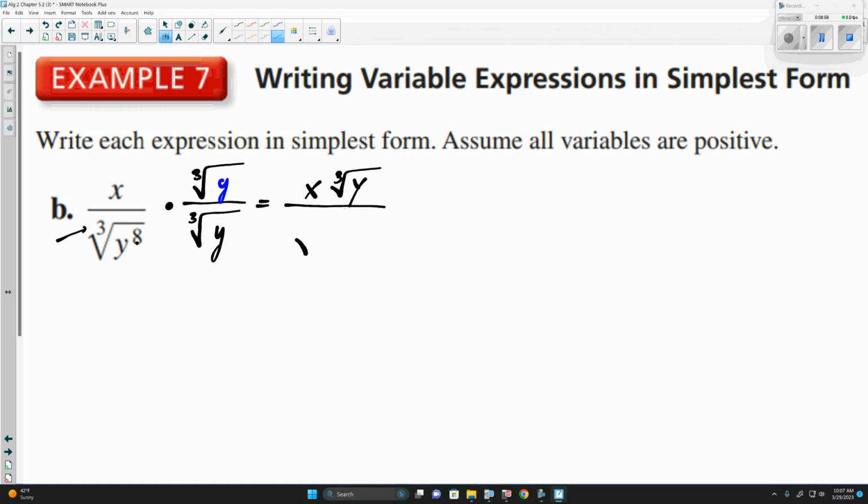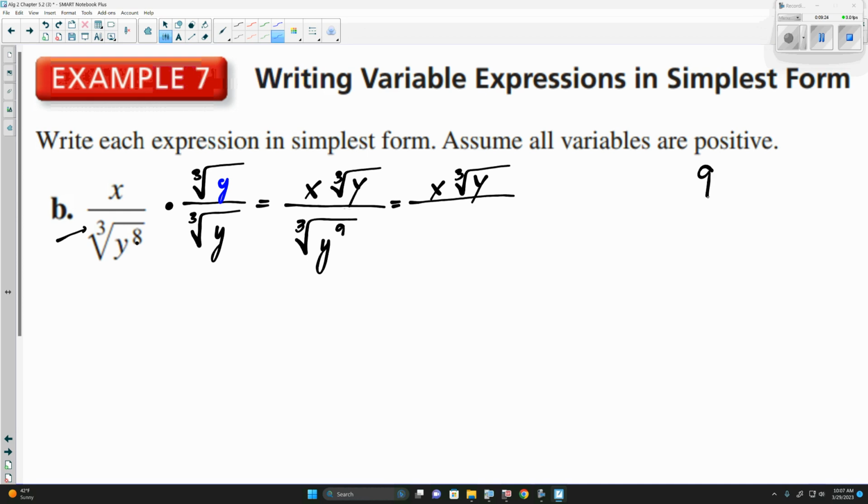In the denominator, since they're both cubed roots, we can multiply what's inside them. Y to the 8th times y to the 1st would be y to the 9th. Well, the cubed root of y to the 9th, we're essentially dividing. 9 divided by 3 is 3.